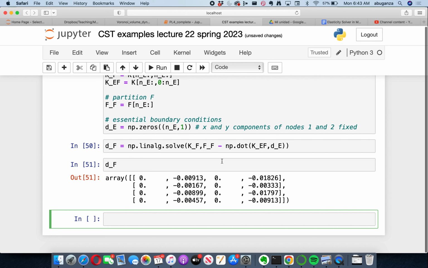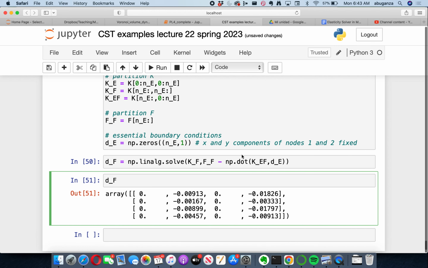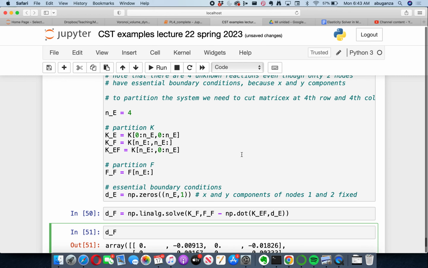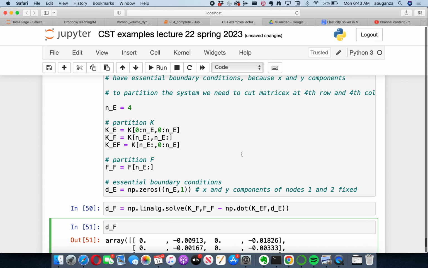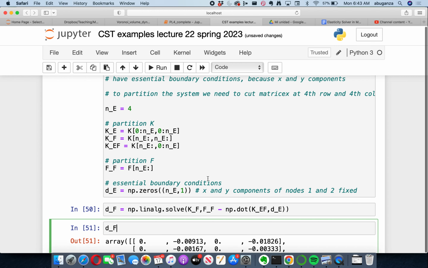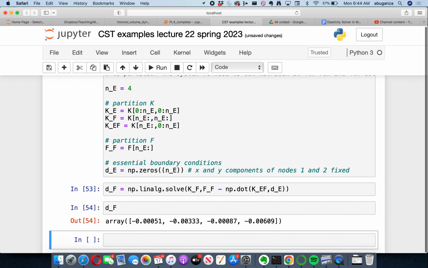And there is something wrong here, this is not correct. Yeah, there we go.